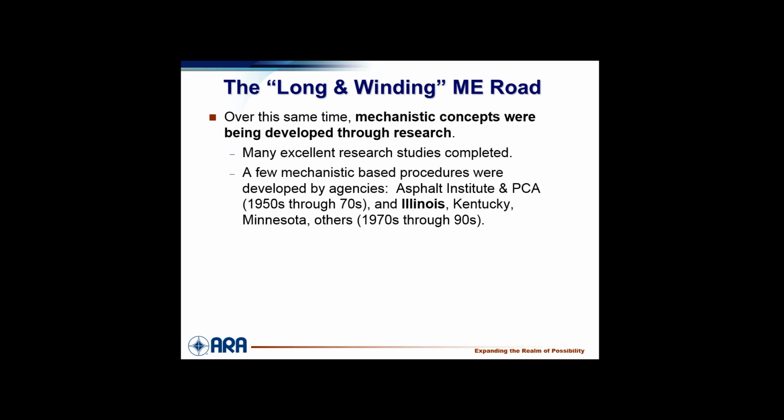And a few of those spilled off into design procedures in the asphalt industry and the concrete industry. And then some states, in particular here at Illinois, Professor Thompson and Barenberg were a couple that really dug into that and really made a pretty good procedure in the 80s based more on fundamental engineering properties. A few other states, Virginia I think was another one, did that from the 70s on through the 90s.